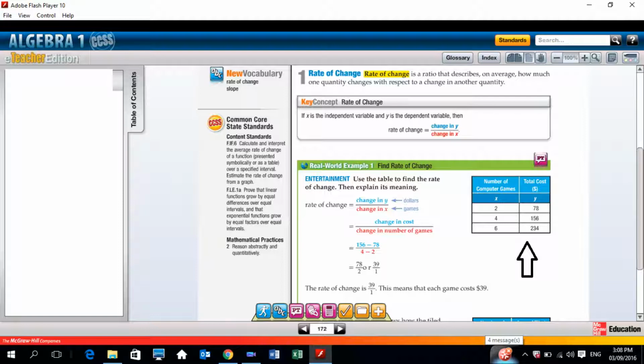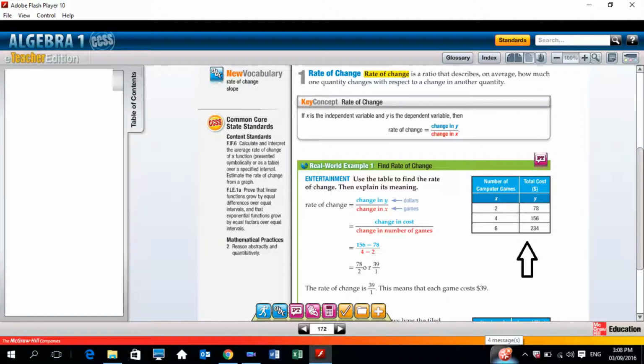Now when we want to calculate the rate of change, we don't care about the values in the middle, the 4 and 156. We care about the minimum and the maximum. So the change in y will be subtracting 78 from 234, so subtracting the minimum from the maximum. And the same has happened to the change in x, okay?